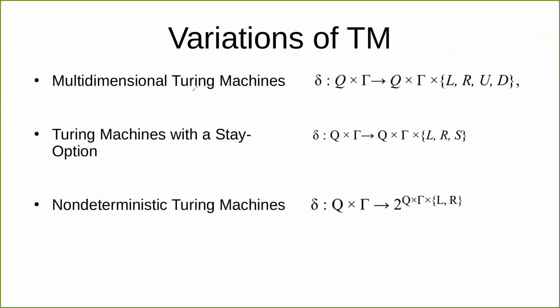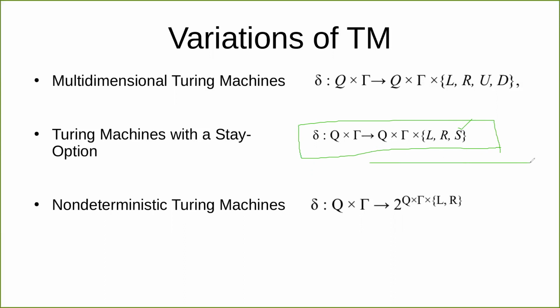Next, the Turing machine with stay option. It is similar to the simple Turing machine transition function, but this S is additional. What S says is that after writing on the input tape, you don't move anywhere.